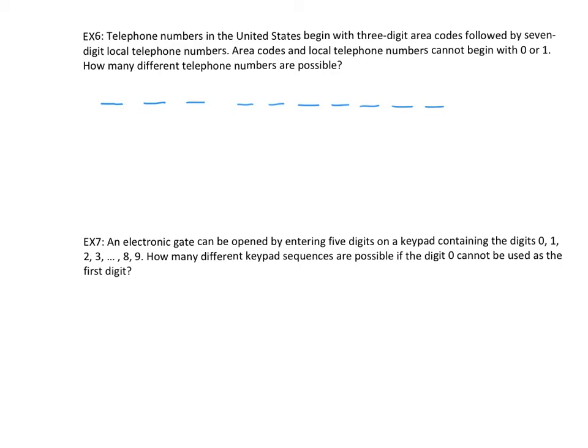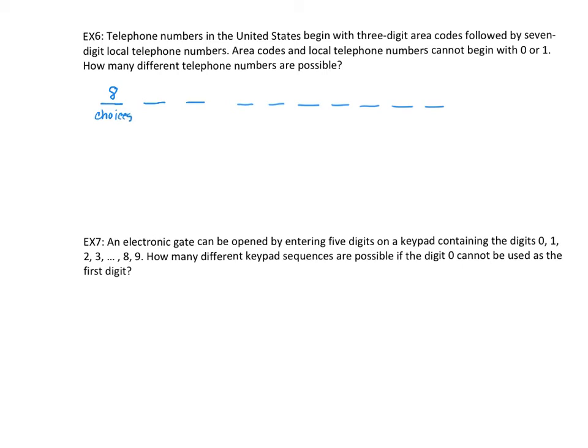When you think about the area code, it cannot begin with 0 or 1. So 2 through 9 is okay. So there's actually 8 choices for the first digit. Now remember, we're not choosing the number 8. These are choices that you have in your group.